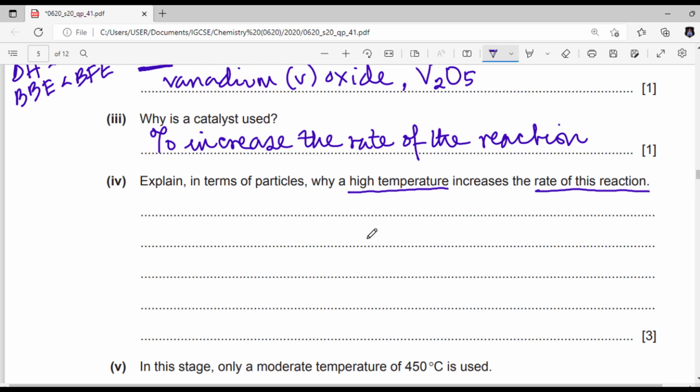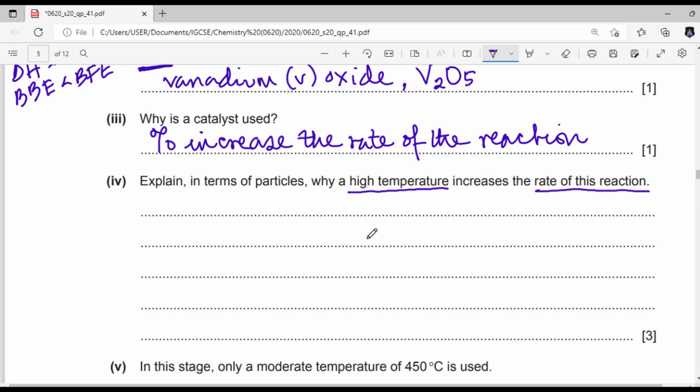Now, coming to this question, you have to be very, very careful. This question is not on equilibrium position. Rather, it is on the rate of reaction. We know that one of the factors that affect the rate of a reaction is also change in temperature. If you increase the temperature of a reaction, the rate of the reaction will also increase, and vice versa. If you decrease, the rate will also decrease. So that's what they've told you already in this question.